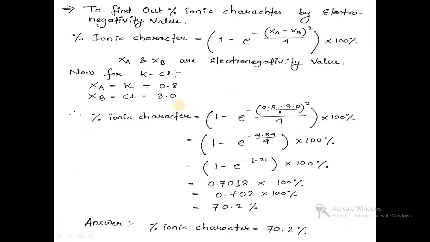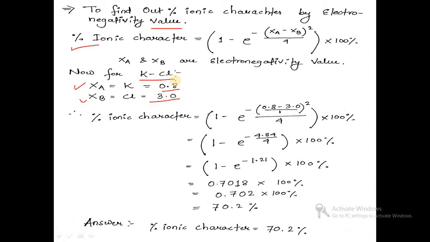Another example, to find the percent ionic character from electronegativity values: the equation is percentage ionic character equals 1 minus exponential of minus (xA minus xB) squared divided by 4, into 100. Suppose, for example, in the case of KCl, potassium has an electronegativity value of 0.8 and chlorine has a higher value of 3.0.